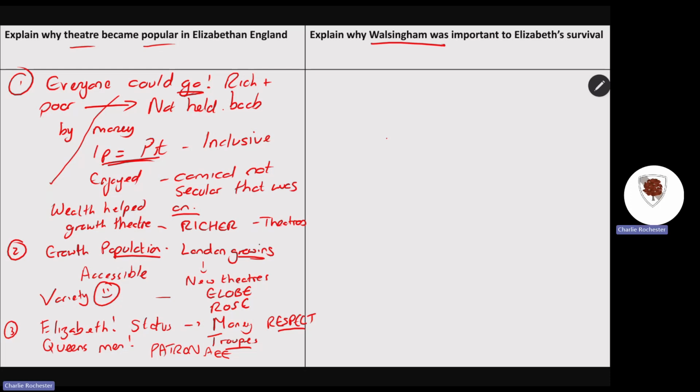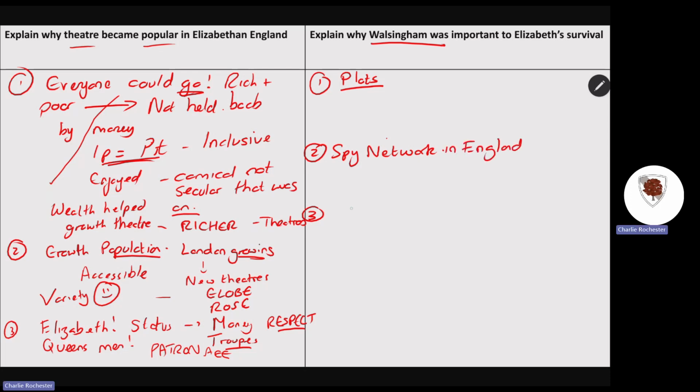Walsingham, why he was important, this would be an absolute dream question. So I'm not going to go through this in depth, but you could talk about his role in the plots. You could talk about his spy network that he created in England, which supported Elizabeth.